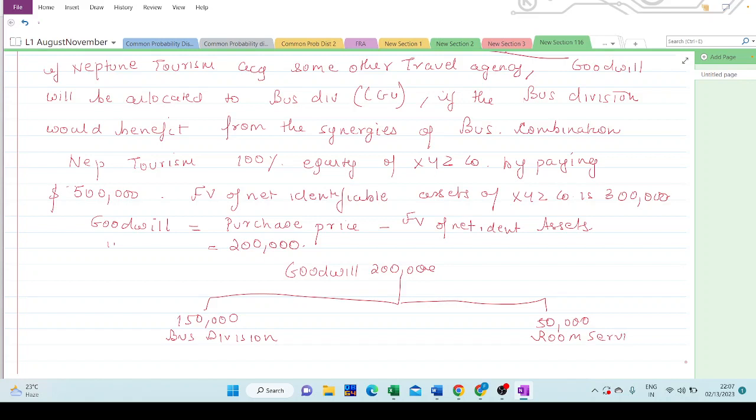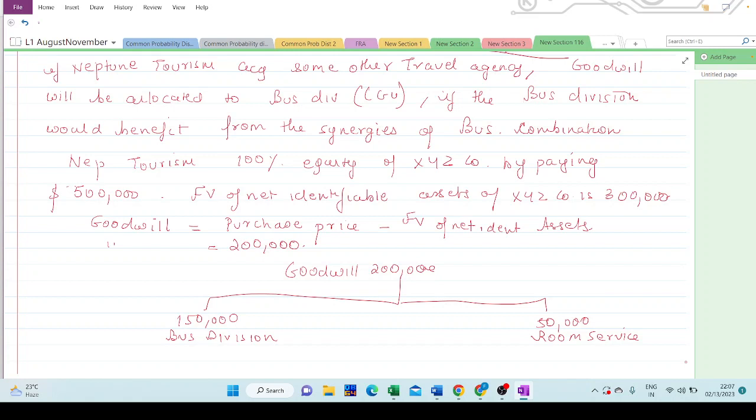Now please understand one thing, that the basis of allocation of goodwill requires a lot of practical judgment. In the real world, allocation of goodwill to CGUs requires a lot of practical judgment, and discussion on this is out of scope of our syllabus.